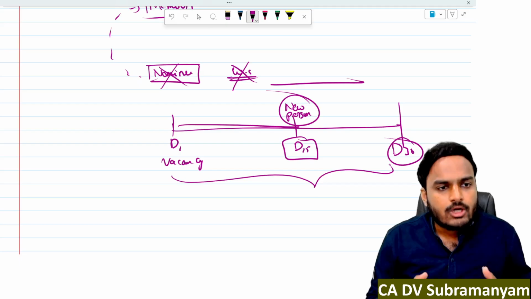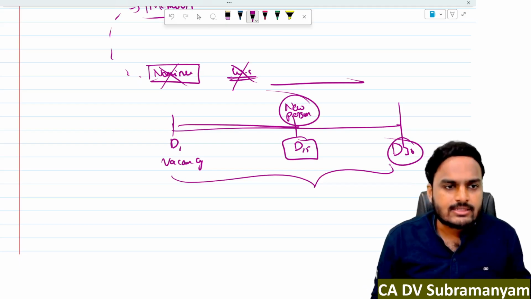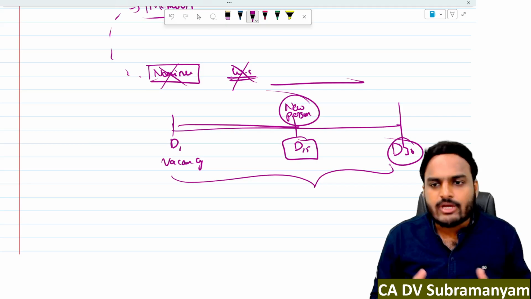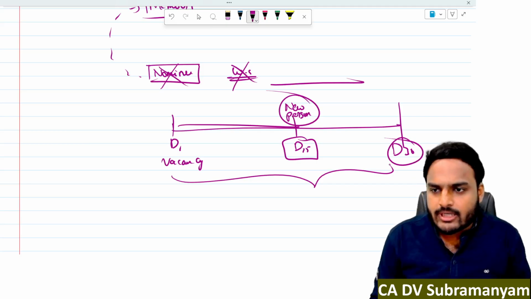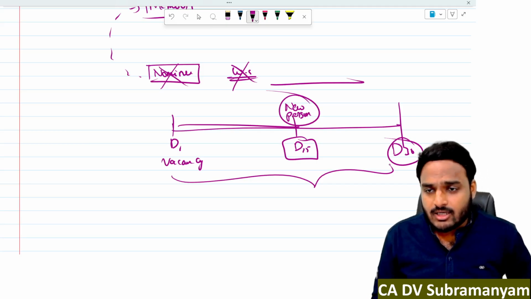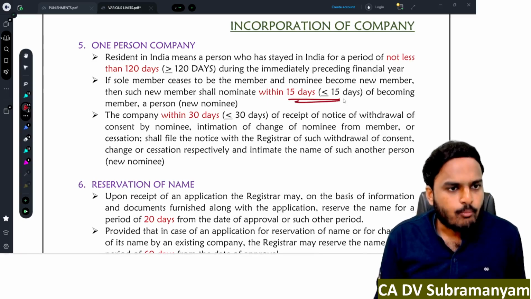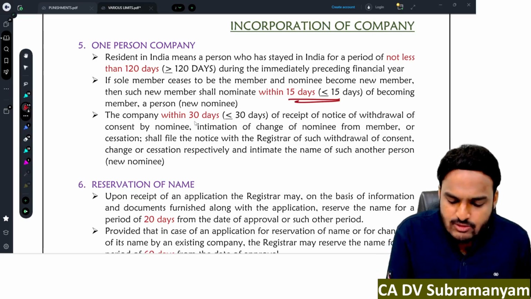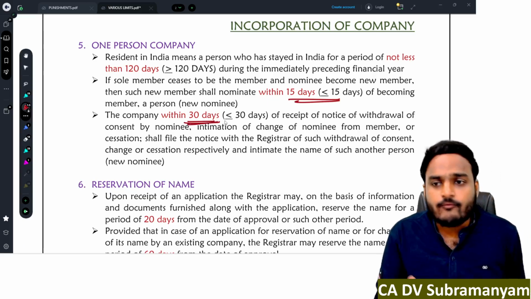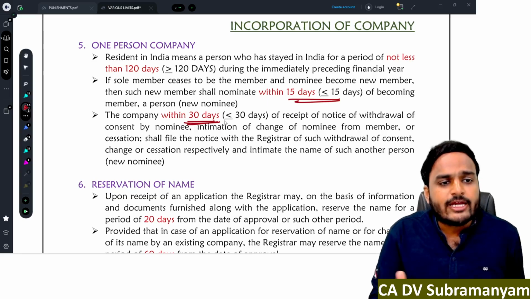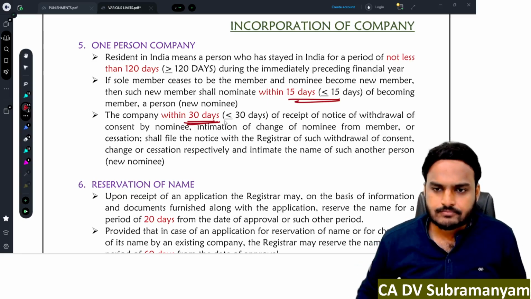So here we need to provide the details of vacancy in the nominee position, and that we appointed a new person as a nominee of one person company. Understood? So two time limits. One is 15 days, appoint new person as nominee. Next one, within 30 days of vacancy in nominee position, communicate the same to the registrar.